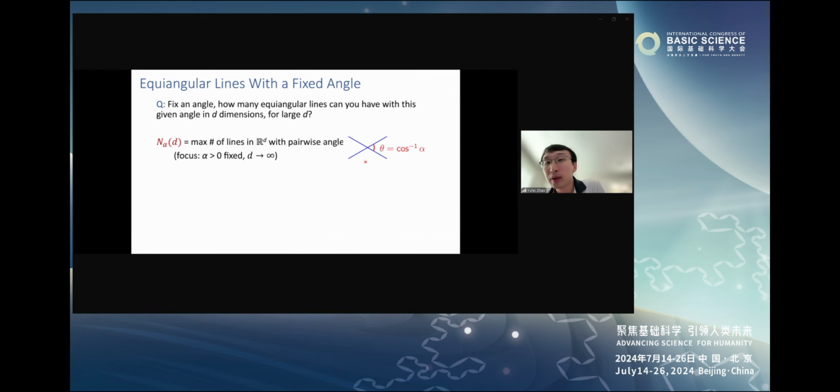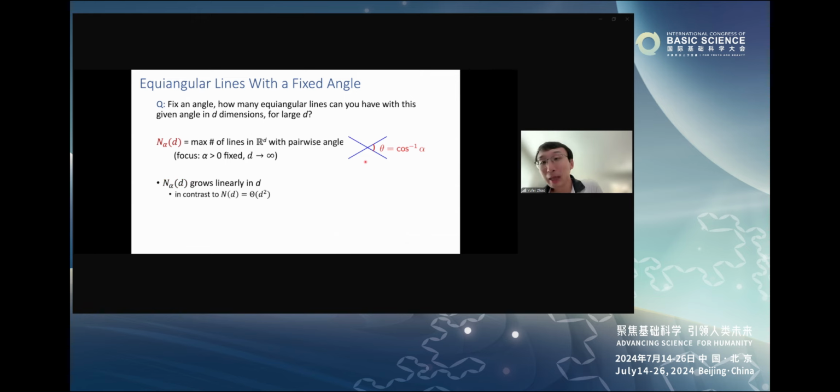In other words, you think of alpha being the pairwise inner product, and so that's a fixed given parameter. And we're interested in what happens when alpha is fixed and d goes to infinity. So fixed angle, large dimension, how many lines can you have?